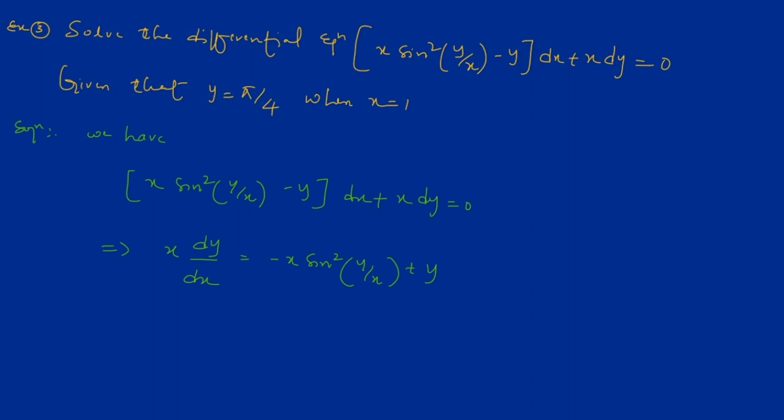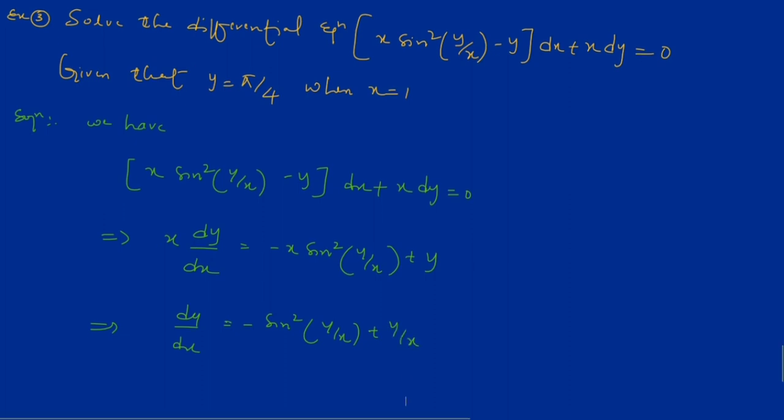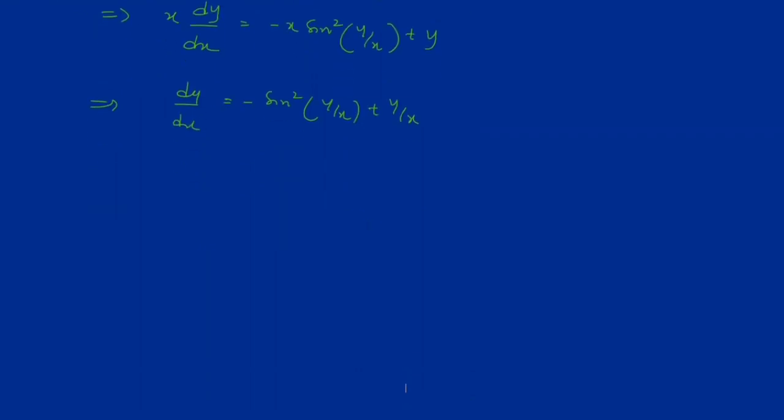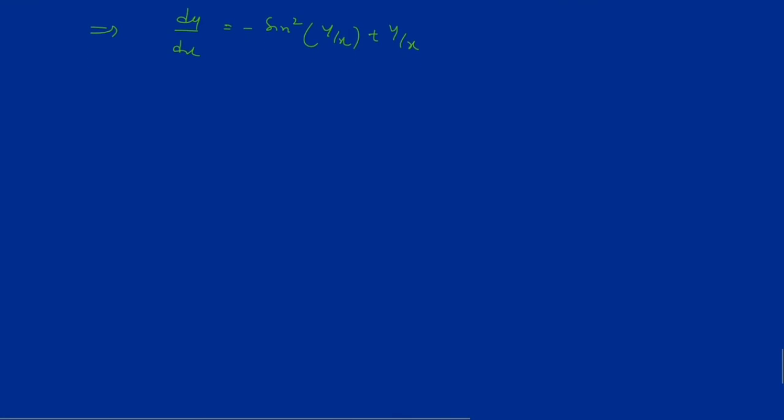So now again dy by dx equals minus sine square, if you take x on RHS here, x gets cancelled in the first term. Only what we get, minus sine square y by x plus y by x, right? Now it is in the standard form, dy by dx equals minus sine square y by x plus y by x, right? So now take it as equation 1.